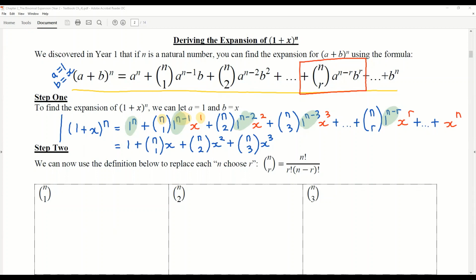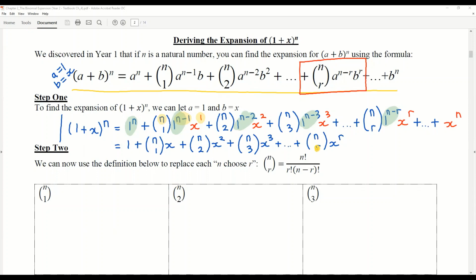Okay, it makes a lot more sense. Using a as 1 has made this a whole lot simpler. Let's carry on. So add, and then we have n choose r. So this just highlights the pattern, doesn't it? X to the power r. So the combination coefficient simply matches the power that you have.